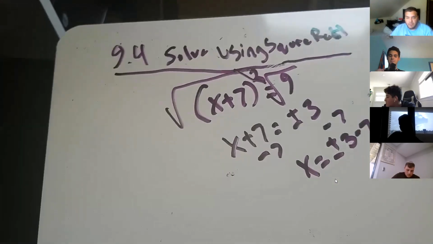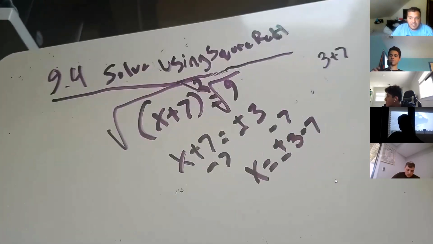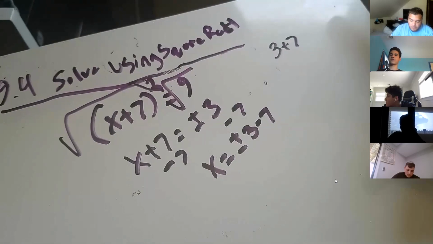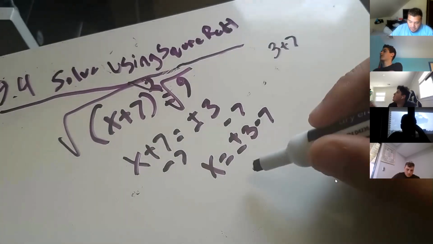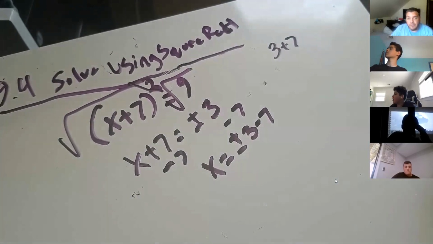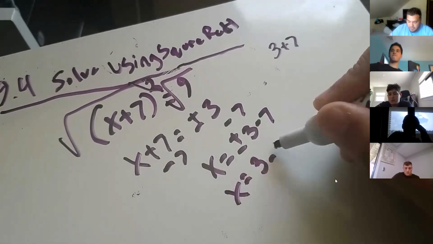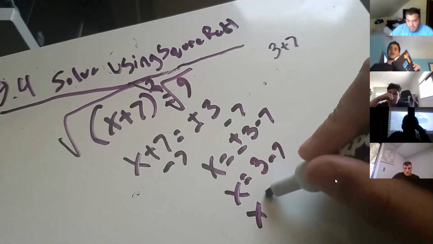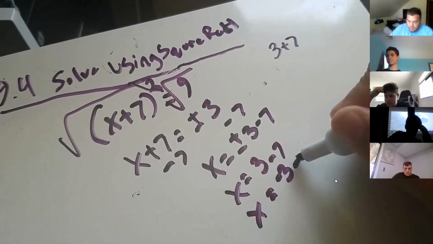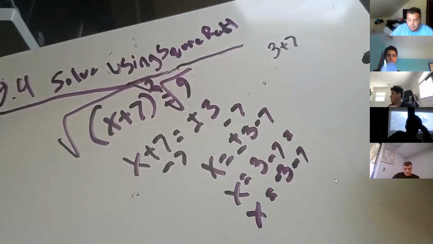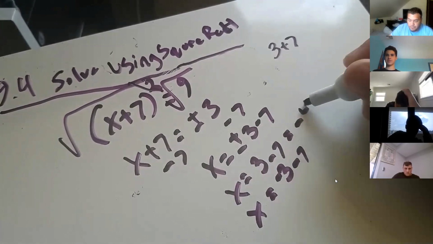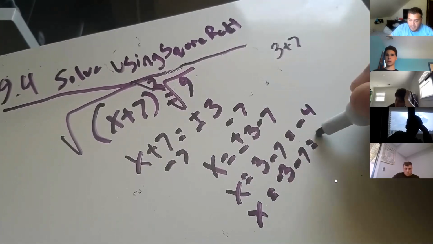But plus or minus 3 minus 7 is actually doable. So what we're going to do here is two solutions. We're going to have two answers in this one: when x equals 3 minus 7, and when x equals negative 3 minus 7. So we're going to end up getting two answers. It happens to be negative 4 and negative 10.